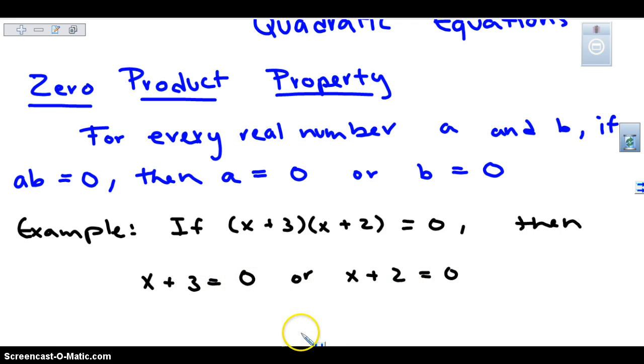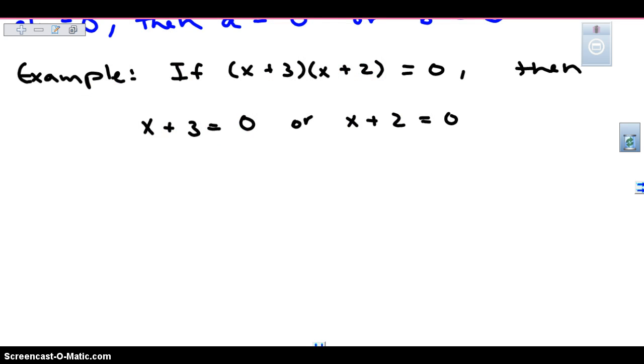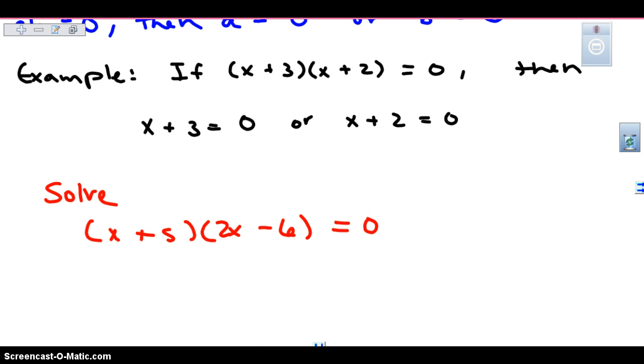So let's try using this in a problem. If we have to use the zero product property to solve (x + 5)(2x - 6) = 0, this means we have to set each binomial equal to 0: x + 5 = 0, and 2x - 6 = 0.